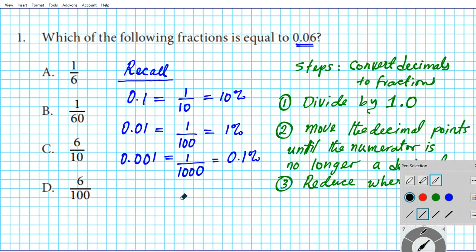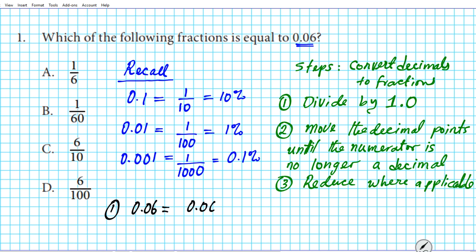Alright, let's go ahead and apply these steps to this particular problem. So we have, for problem 1, 0.06. Step 1, we're going to write 0.06 divided by 1.0. Now the question is, how many times do we have to move our decimal point, and in what direction, in order for the numerator to no longer be a decimal?